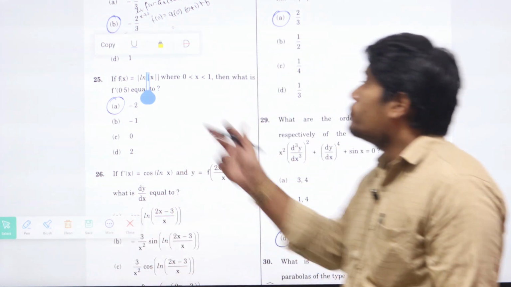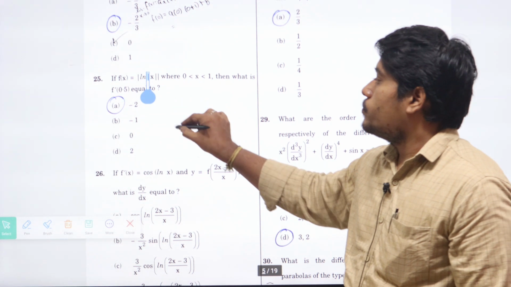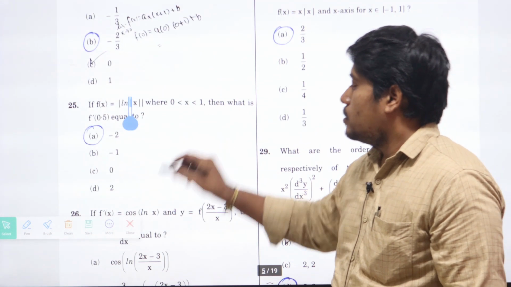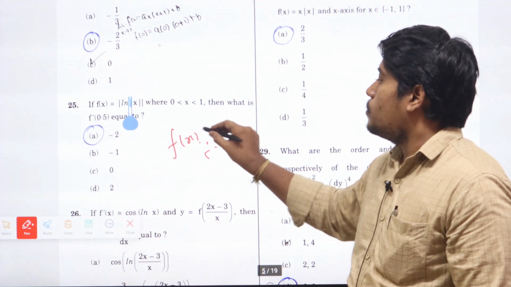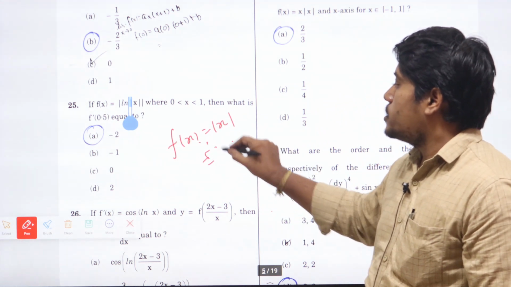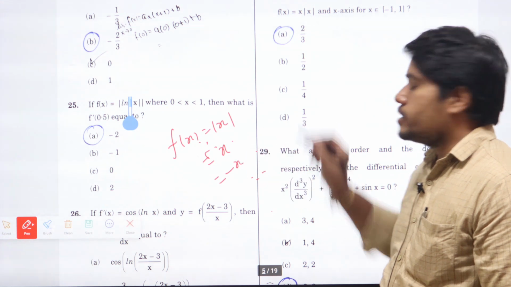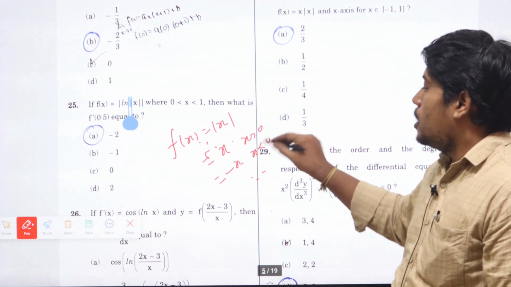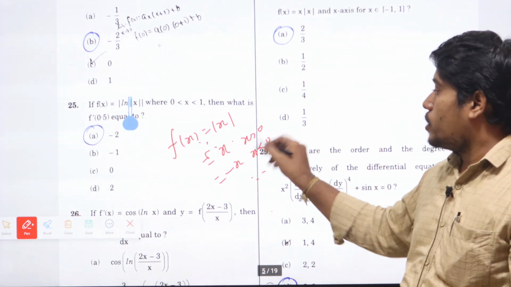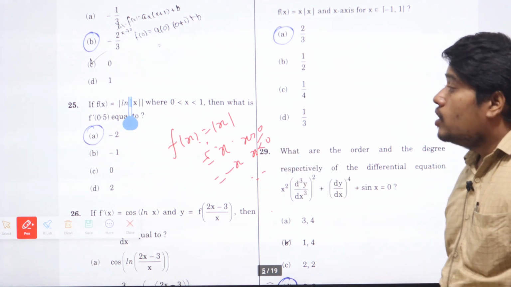The modulus function can be defined as plus x where x is greater than 0 and minus x where x is less than 0, with the condition that you can take x greater than or equal to 0.